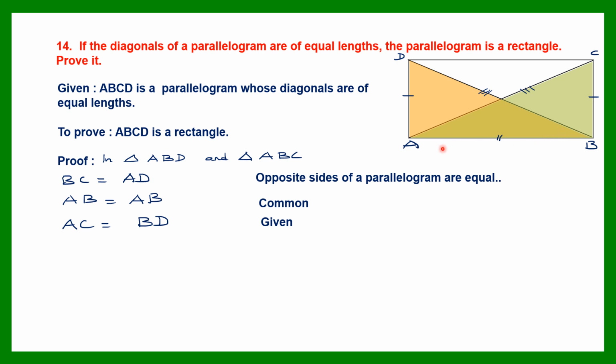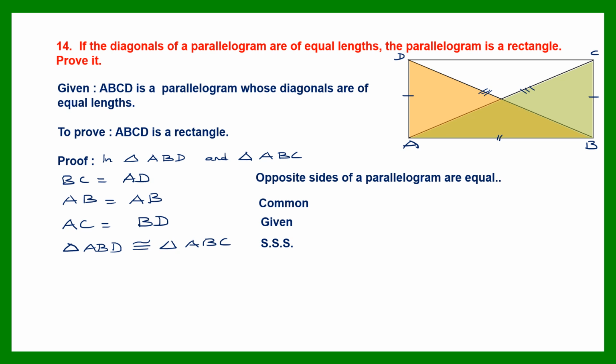Now we can say that these two triangles that we have marked here are congruent on the basis of what? Side, side, side. On the basis of that, we can say that these two triangles are congruent. So let's write that. We can say triangle ABD is congruent to triangle ABC, on the basis of side, side, side.